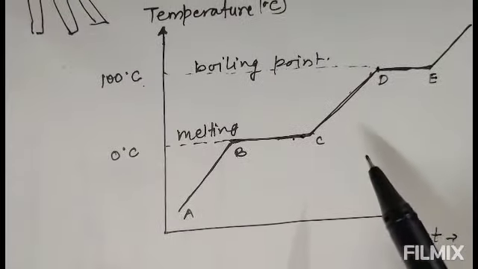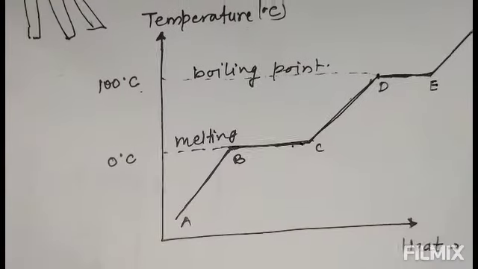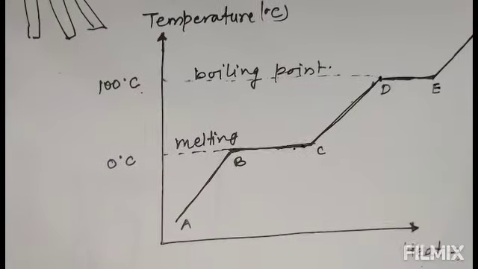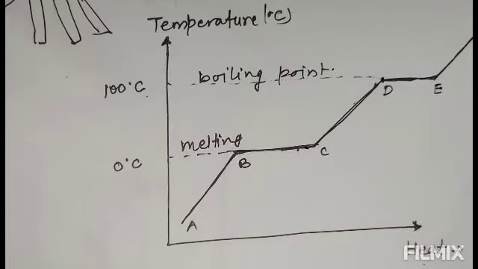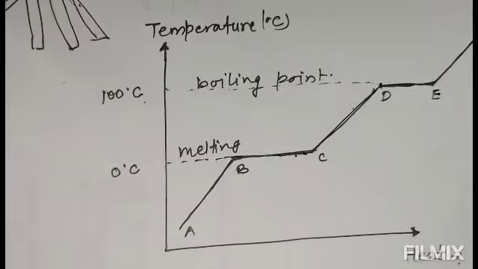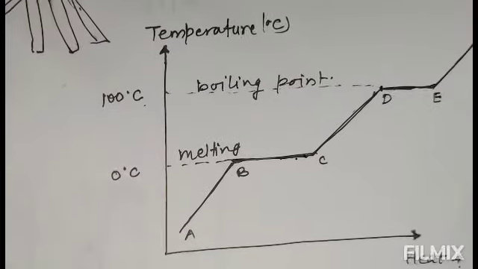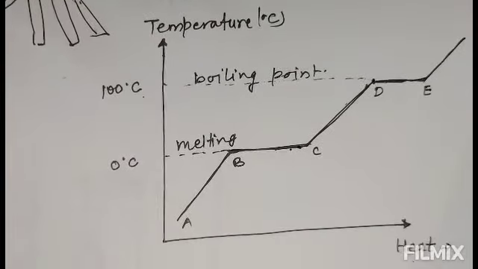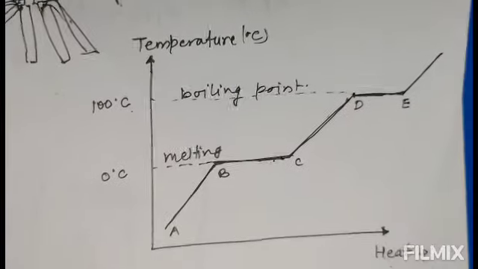There are certain substances which on heating directly pass from the solid state to the vapor state without passing through the liquid state, and the change from solid state to vapor state without passing through the liquid state is called sublimation.